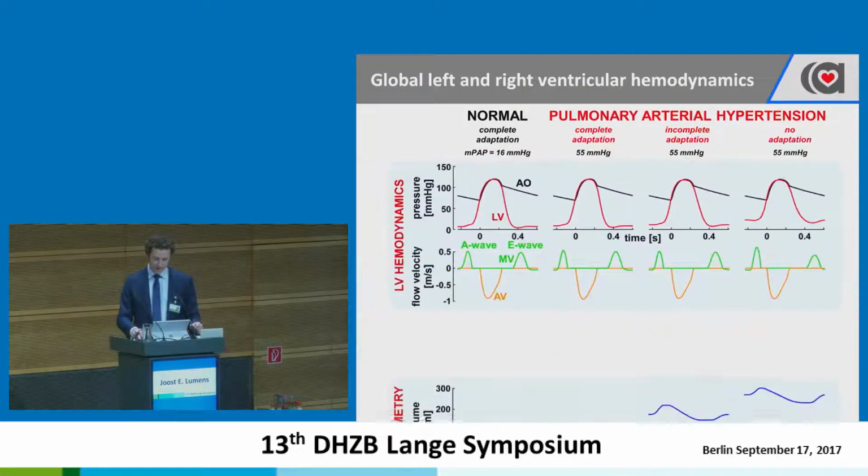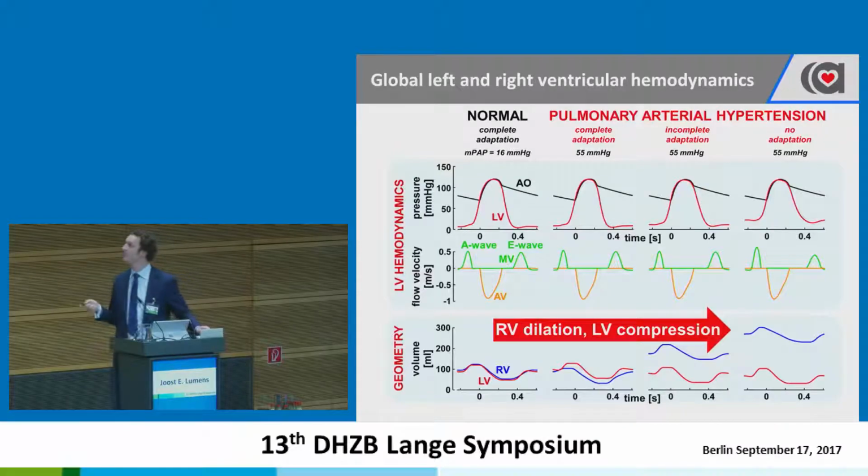So if we then look at LV hemodynamics, you see nothing changes actually, except that the diastolic pressures on the LV also increase. And this is not due to any change of the tissue on the LV side. This is simply because the septum moves into the left ventricle and actually prevents the LV from proper filling.